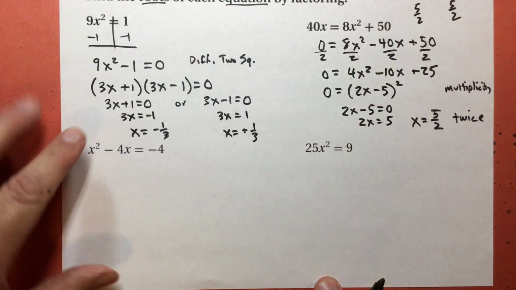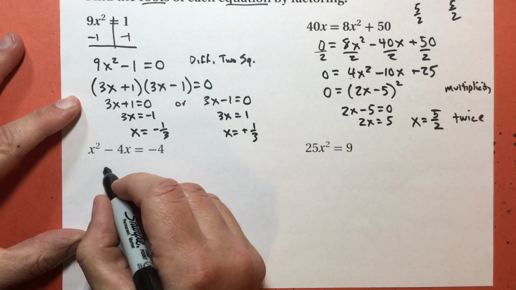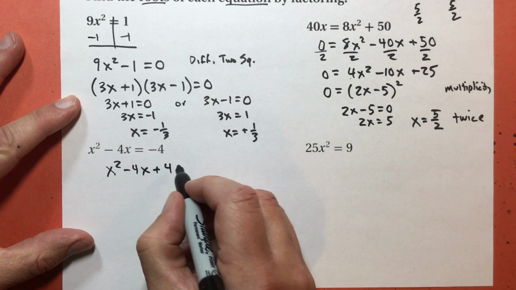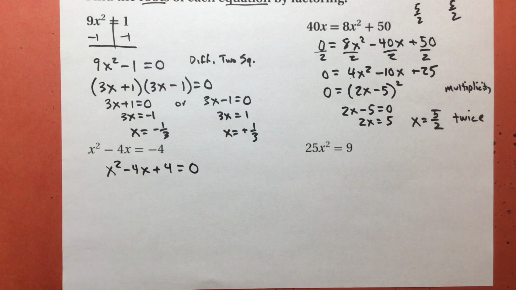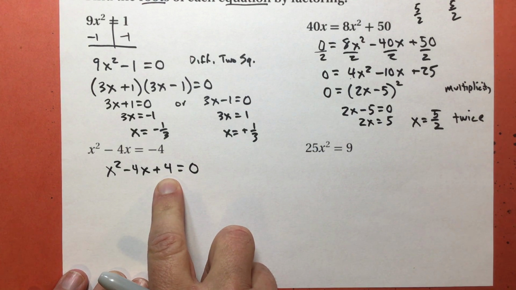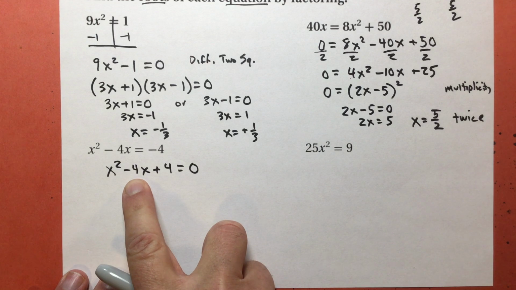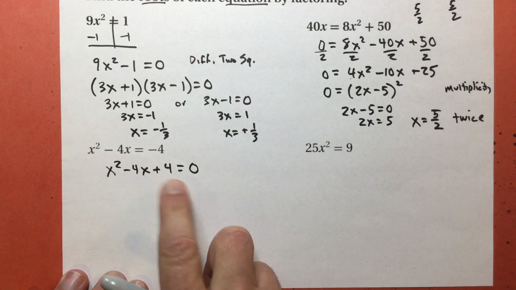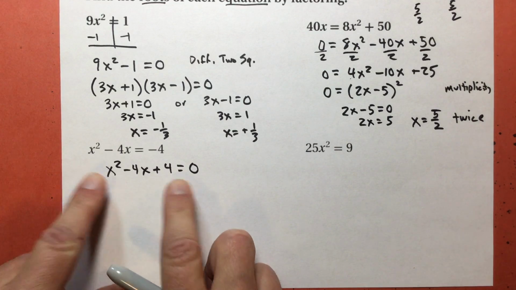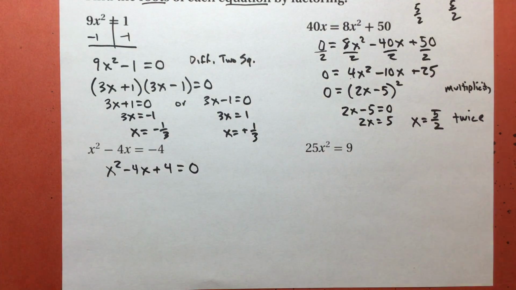All right, let's do this one. I'm going to add 4 to both sides. So I get x squared, subtract 4x, plus 4 equals 0. Now I mentioned this, you can always factor by the tried and true method. What two numbers multiply to give positive 4, but add to give negative 4? Notice that this is a perfect square, and so is that. So again, this is a perfect square trinomial.